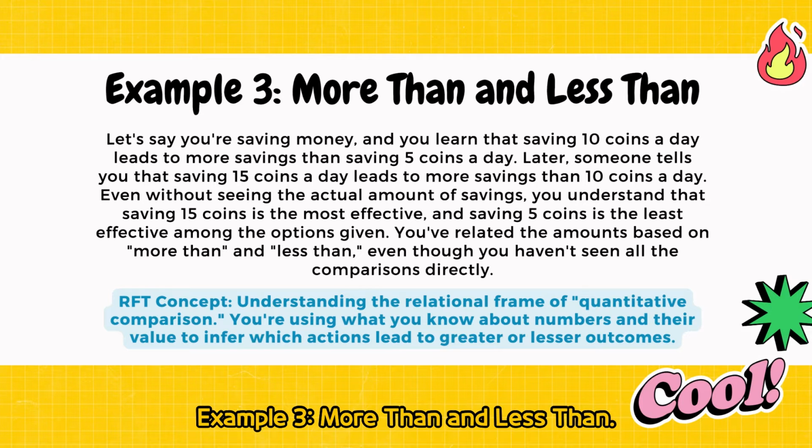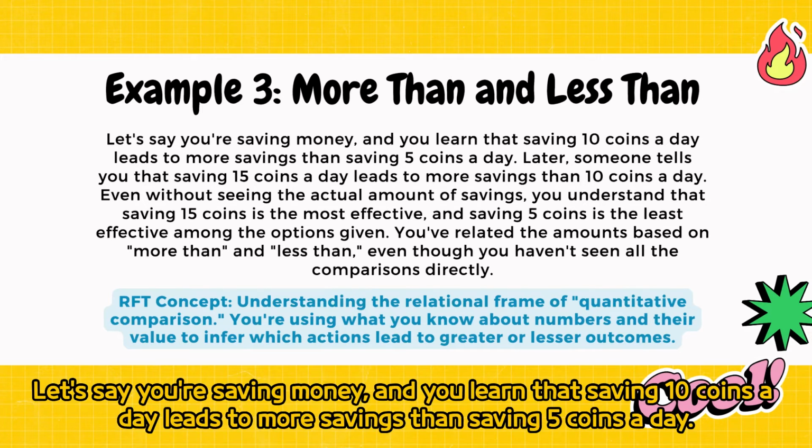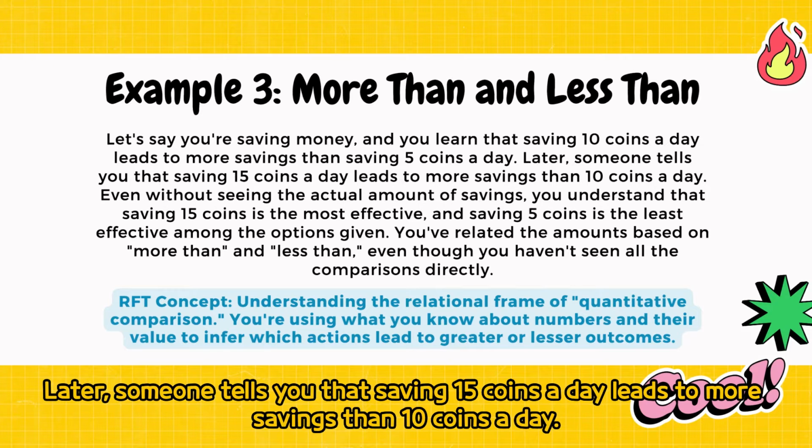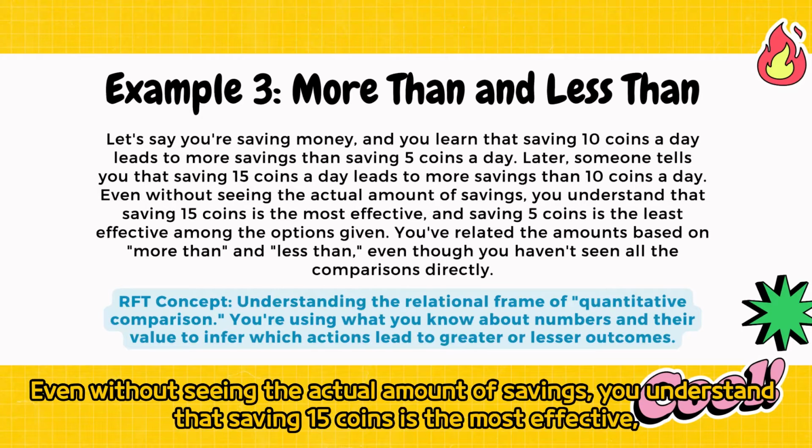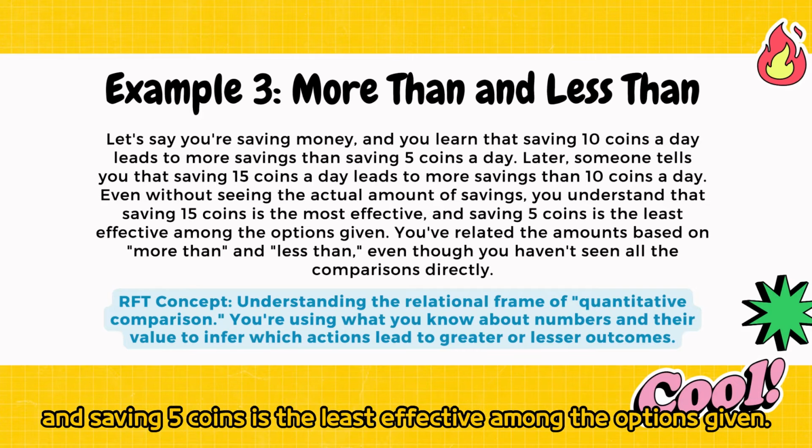Example 3: More than and less than. Let's say you're saving money, and you learn that saving 10 coins a day leads to more savings than saving 5 coins a day. Later, someone tells you that saving 15 coins a day leads to more savings than 10 coins a day. Even without seeing the actual amount of savings, you understand that saving 15 coins is the most effective, and saving 5 coins is the least effective among the options given.